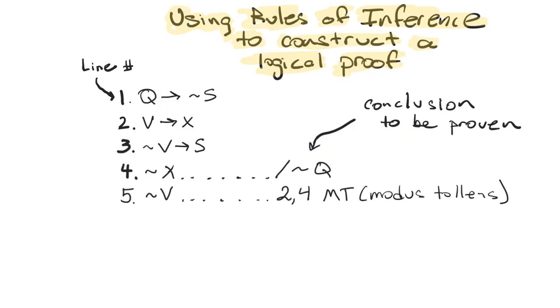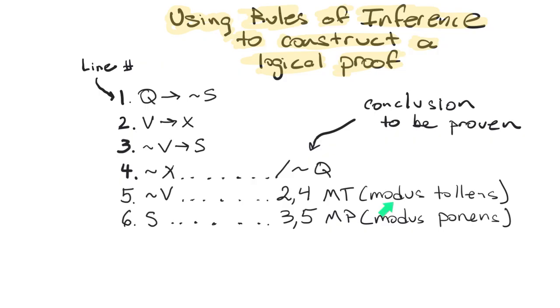We'll start a new line, line 6, and we can derive s from lines 3 and 5 using the modus ponens rule of inference. I'm writing out the full word here just so that you're used to what the abbreviation stands for.